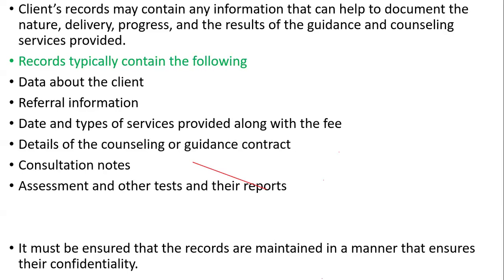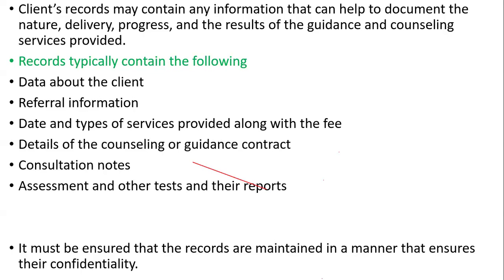So what are the things that the records typically contain? What kind of information is contained in these records? Data about the client, referral information, data and types of services provided along with the fee.